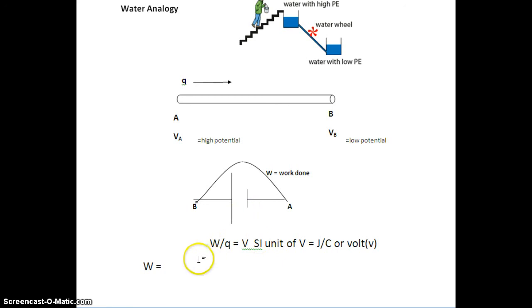So W equal to QV is called the amount of work done, or it is also called the electric potential energy, and its unit is joules. So what we understand is that electric potential difference is the amount of work done per unit charge, W by Q, and W is the electric potential energy, which is equal to Q into V.